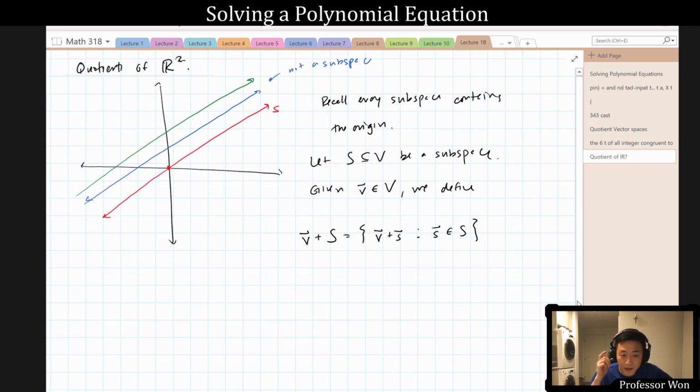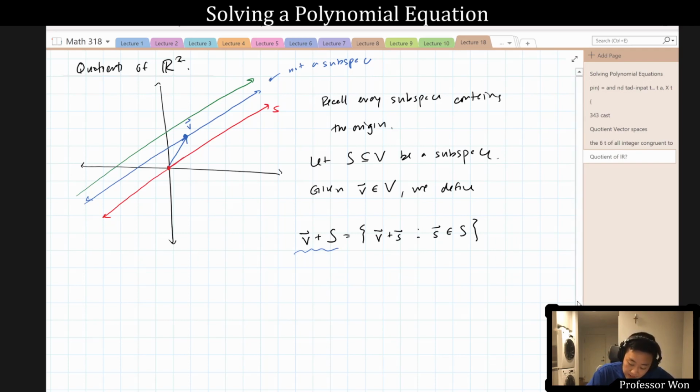Okay, so S is our red subspace here. Let's let v be this vector here. Then this subset v plus S means you take the vector v and you add every possible vector that lives in S. So the 0 vector lives in S, so this is v plus 0.